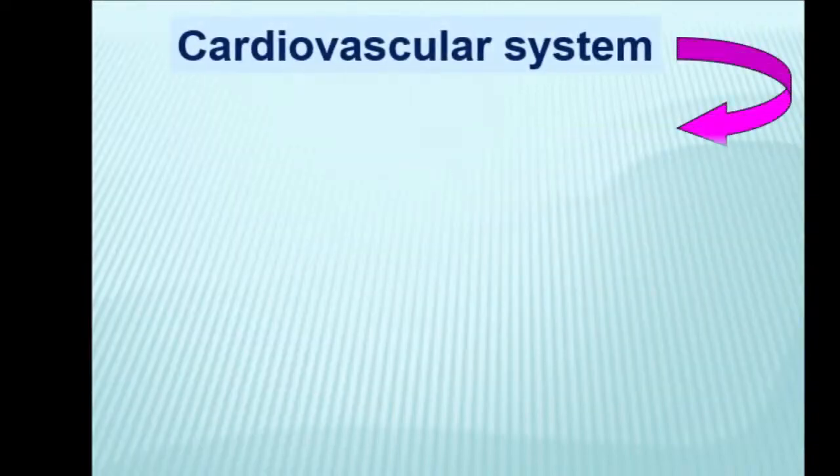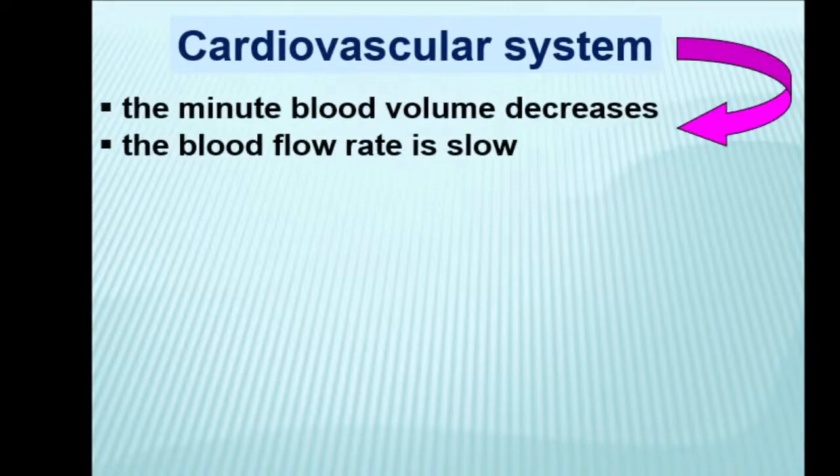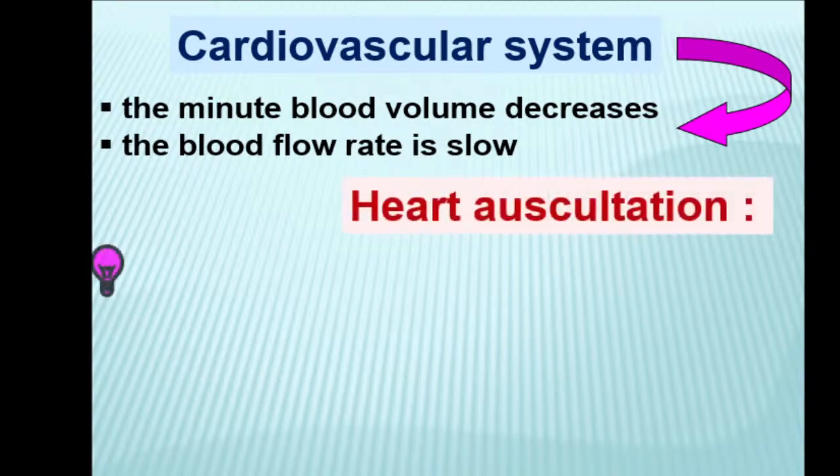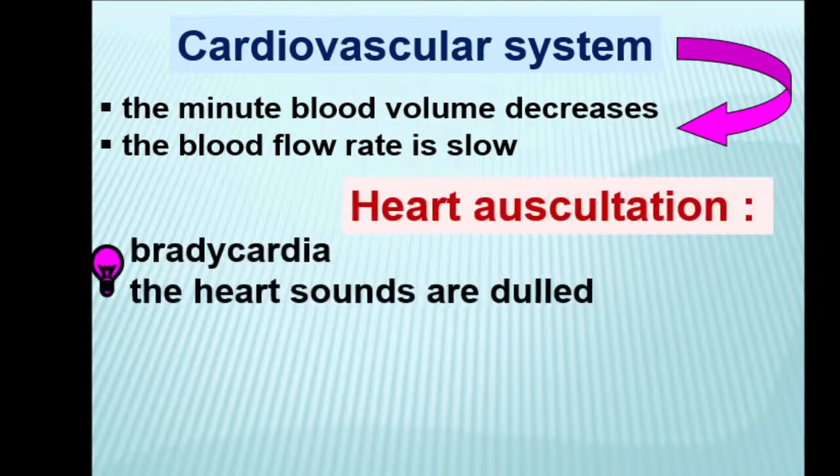And again, I'll pay your attention to the cardiovascular system, because this question will be given separately on the exam. Blood minute volume and blood flow decrease. As a result, the patient feels weakness. It's explained by bradycardia, slow blood flow, slow metabolism.